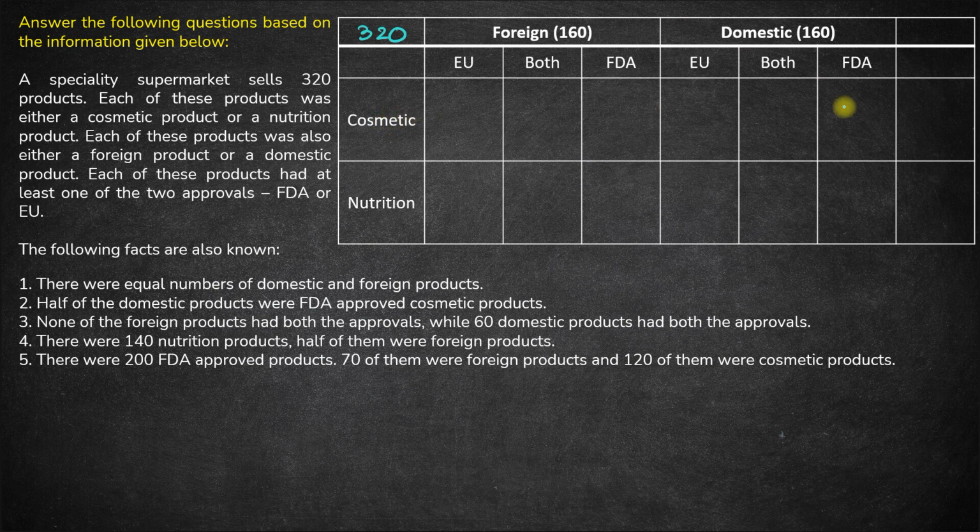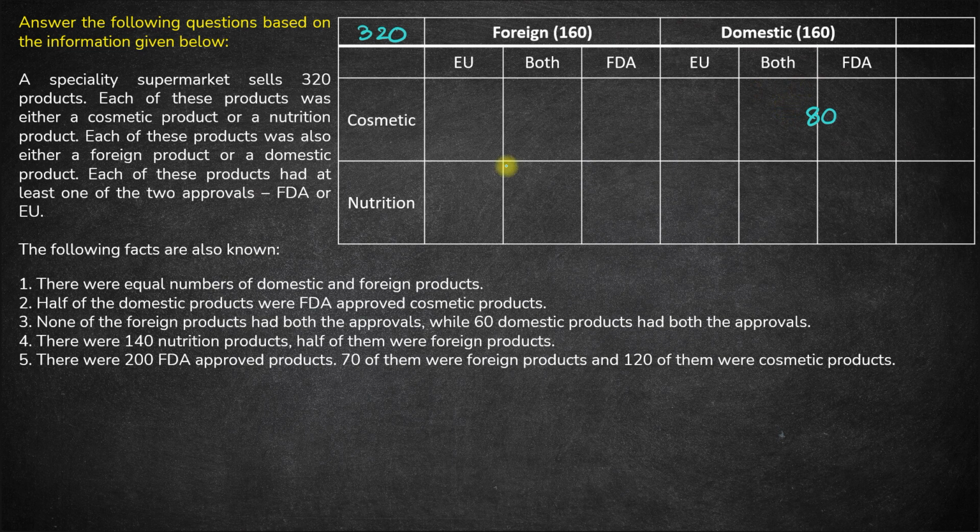FDA approved cosmetic products will be these two blocks combined: this is only FDA, this is both EU and FDA. Even if EU is there, FDA approval is also there. So these two blocks together are 80.